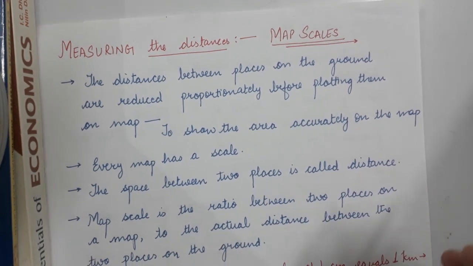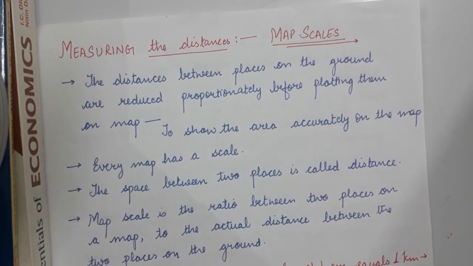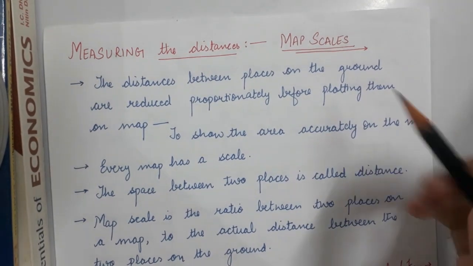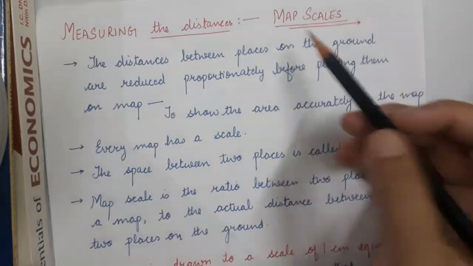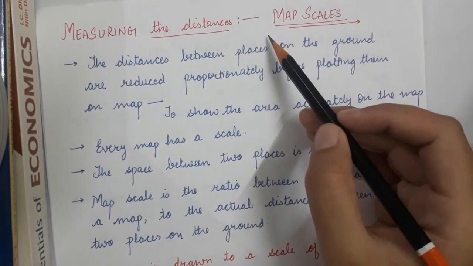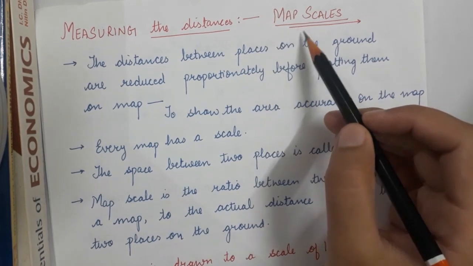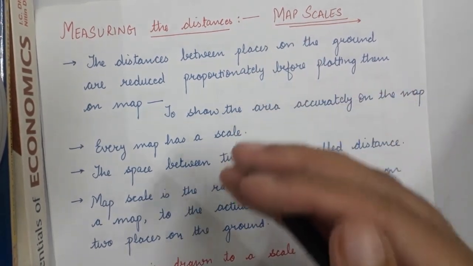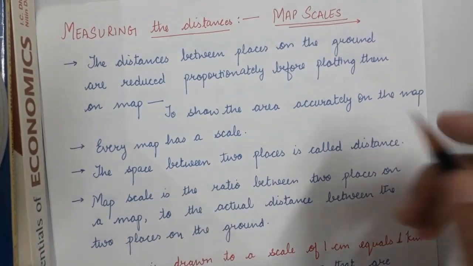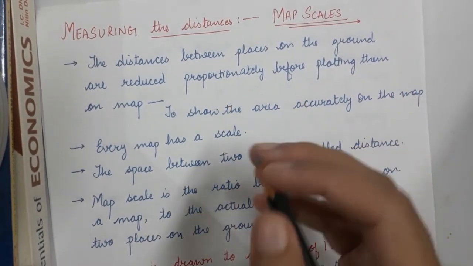It should not be that it is, suppose, 10 centimeters on the map, but on the ground it is something else. We have to be very proportionate about the distance and its measurements.